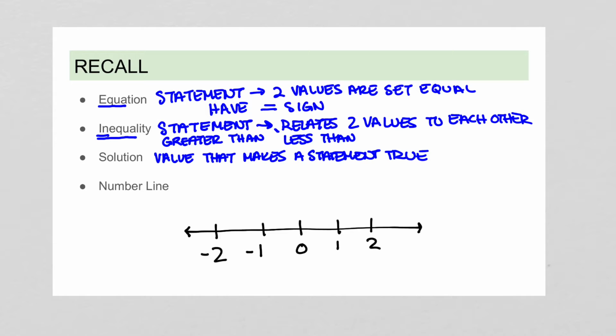But it can also have different increments, like I could say this is negative 1.5 and this is positive 1.5. But we're not going to be dealing with decimals today. We are just going to be talking about a number line and how we use that to help us view problems.